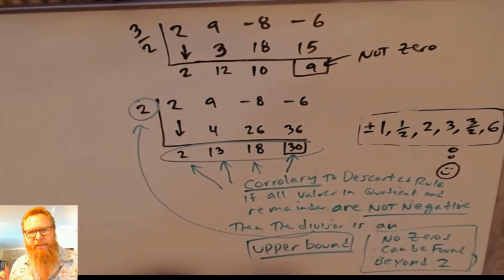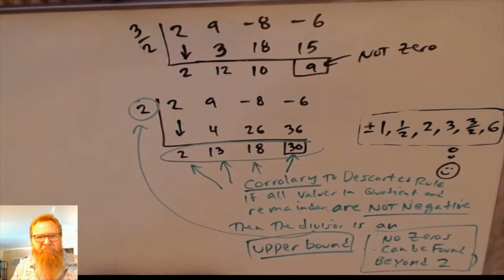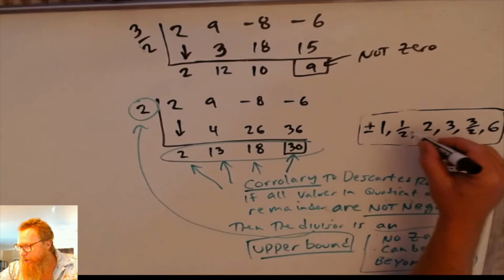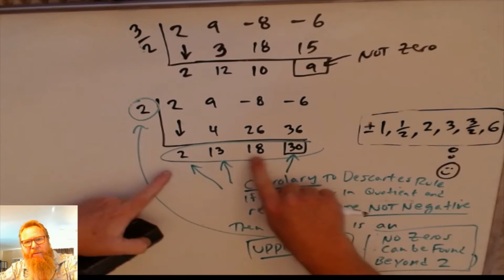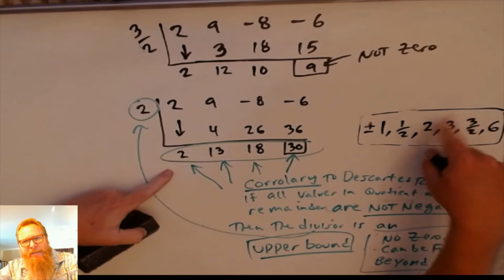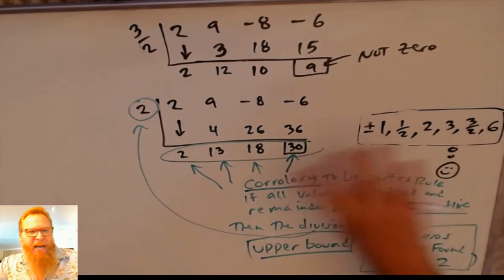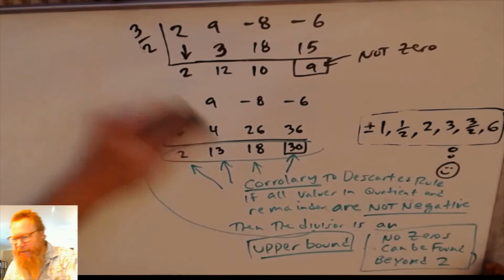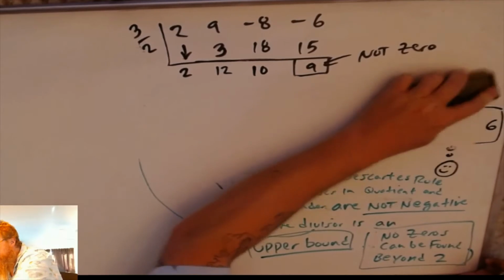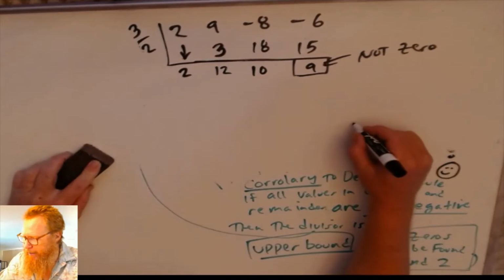All right. So I'm done. I've tried everything. I tried 1, it didn't work. I tried 2, and it told me that it was an upper bound, so I'm not going to bother trying 3 or 6. I tried 1 half and 3 halves. I have exhausted my list. Oh, shoot. I don't know why I erased it, though.